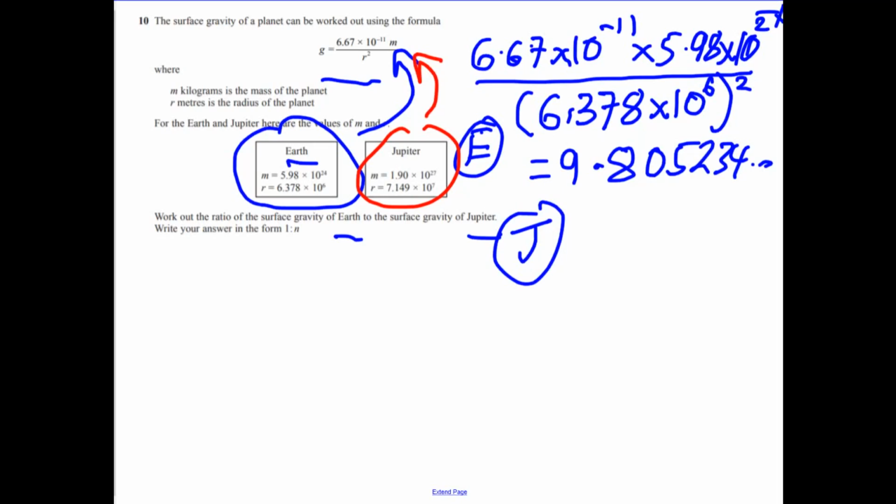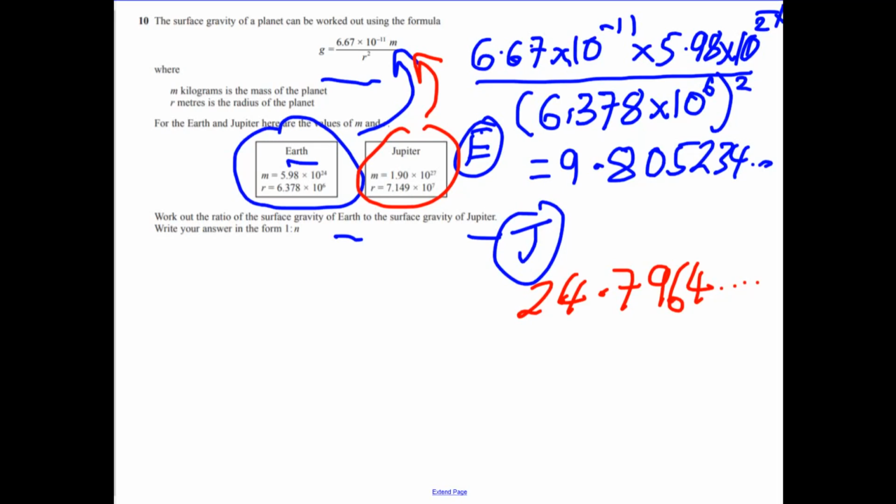So if you pop that into your calculator, you'll end up with 24, sorry, I misread that then, 24.796 and some more.